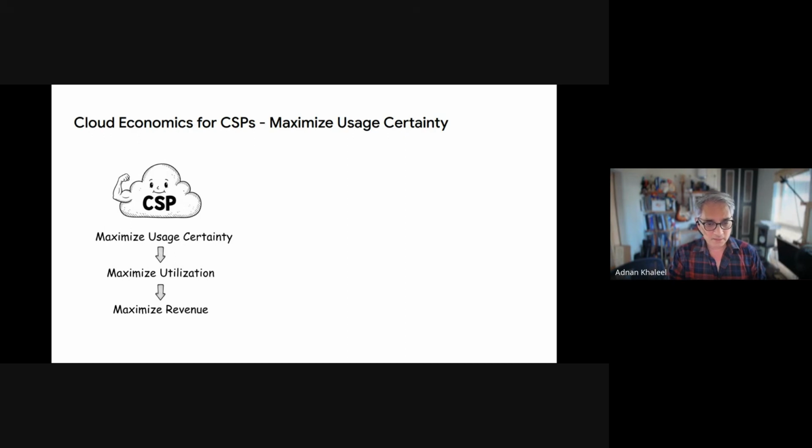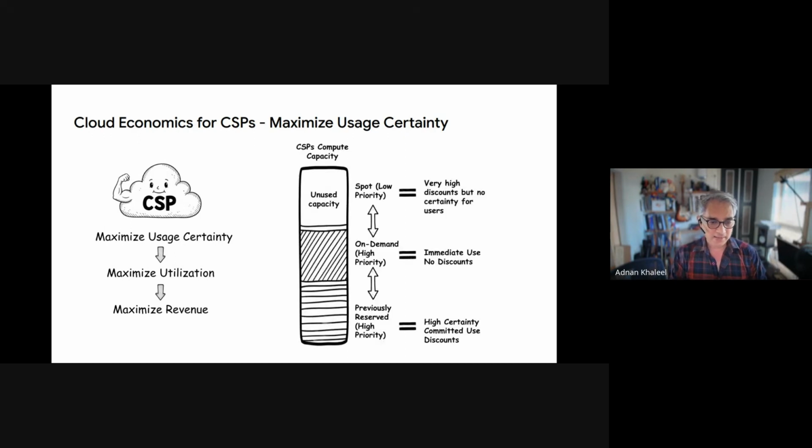Now, when you look at any CSP and try to look at their entire compute capacity shown by all the different shadings, at the very bottom you've got the previously reserved. This is when I tell a CSP that I would like to have some reserved compute capacity in the future.